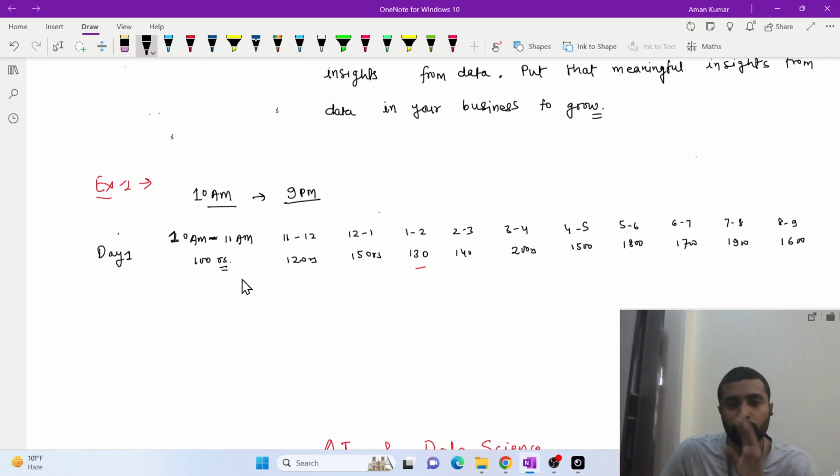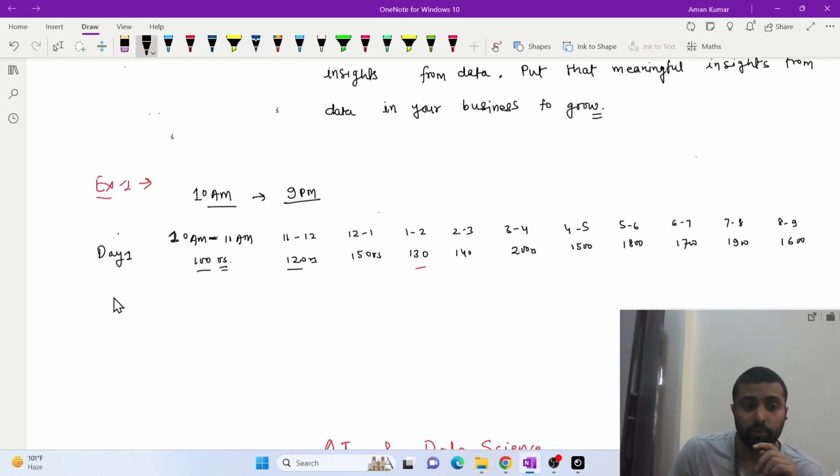So if you see, from 10 to 11 a.m. you earn only 100, 11 to 12 is 120, 12 to 1 is 150, 1 to 2 is 130, 2 to 3 is 140, and so on. This is your day one profit.